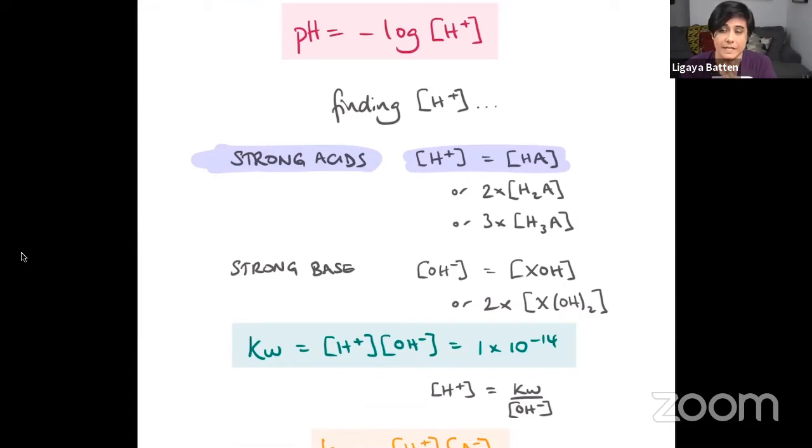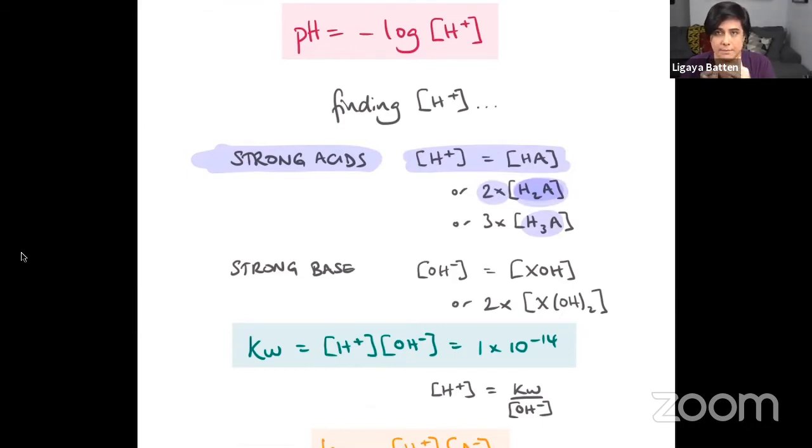If you have a diprotic acid like sulfuric acid or a triprotic acid like phosphoric acid, then when you look at the balanced equation for the dissociation of the ions, what you'll find is you've got 2 hydrogen ions formed for every 1 molecule of acid. And so if you've got 1 molecule of acid, you're going to have 2 times the number of hydrogen ions when that has dissociated.